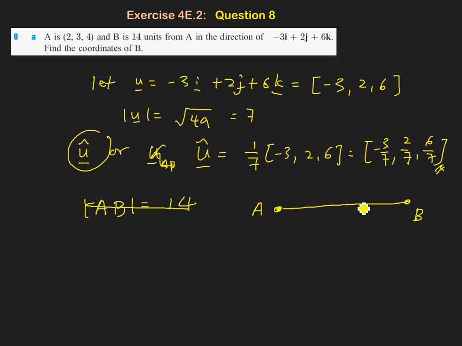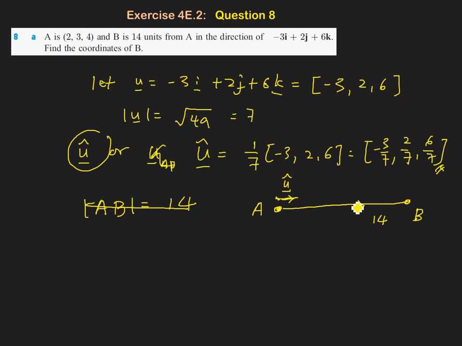And so what we have done is that we know another vector which has the same direction as AB, that is this vector, and we have calculated its unit vector, say this, and this is u cap, right? Shorter, 1 unit. So AB is 14 times in length.